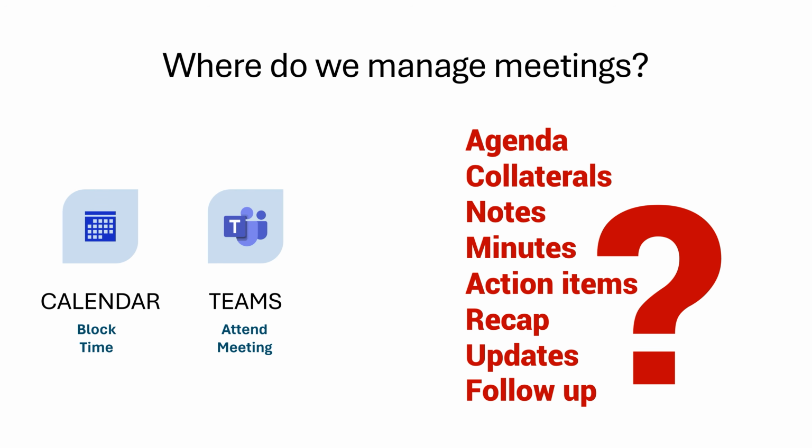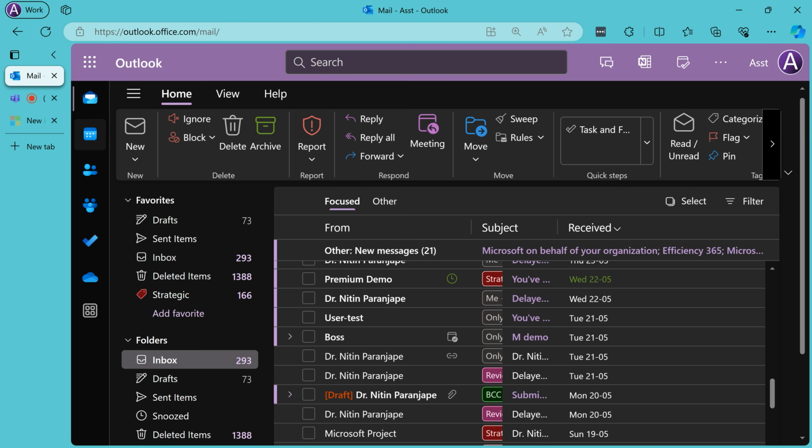So the revolution I'm talking about is, if you use this platform well for meetings, you will stop getting emails. So, meetings without emails. That's the revolution. So how do you go about doing it? And where is Copilot in all this? Let's see.